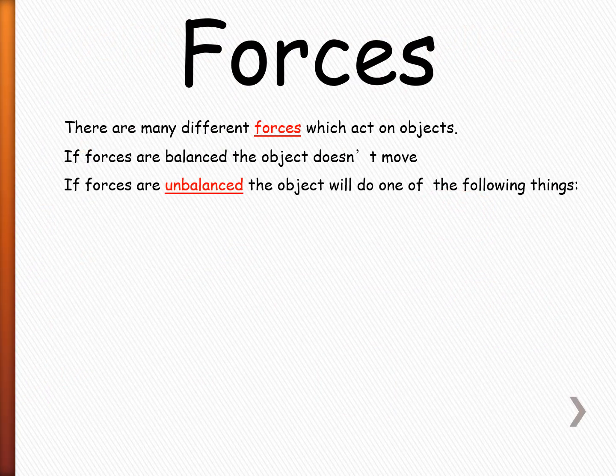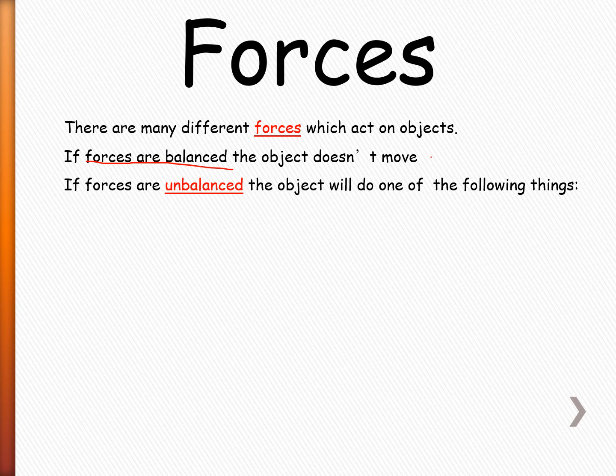There are many different forces which act on objects. If forces are balanced, the object doesn't move. What is the meaning of the word balanced force? If we see balanced forces, the negative and the positive forces are equal. They are equal.